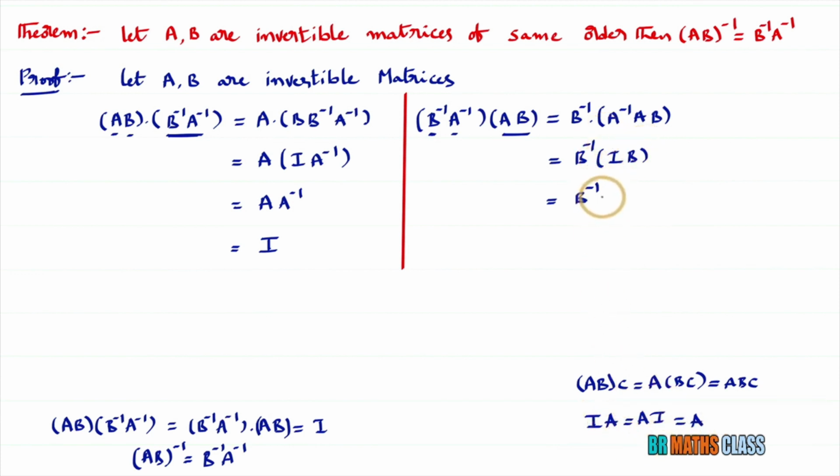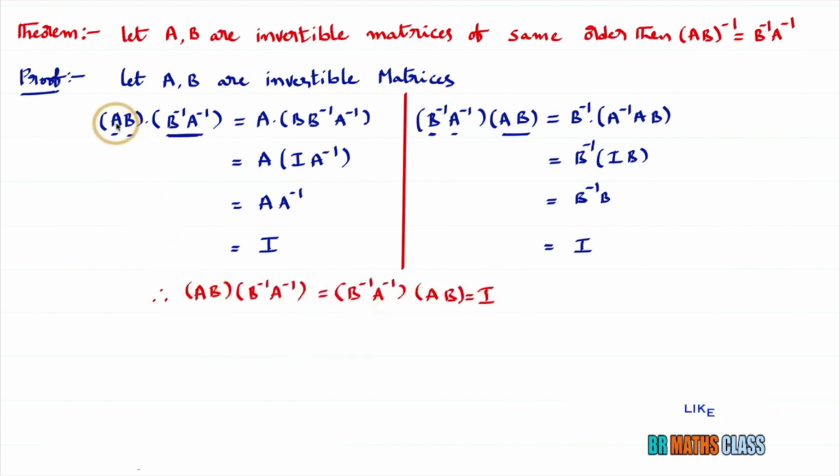I into B is B. Just now we learned from the definition of invertible matrices, B inverse into B is I, as B is an invertible matrix. So what we proved here is that AB into B inverse A inverse equals B inverse A inverse into AB equals I.